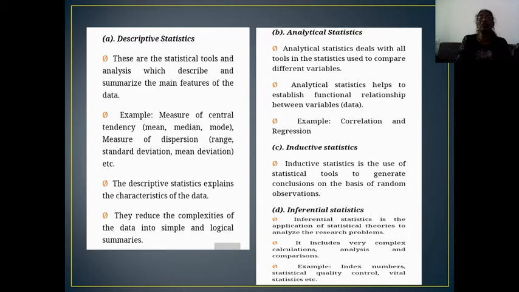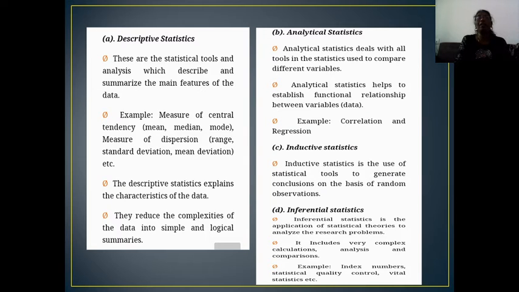And the last, fourth type of statistics is inferential statistics. Inferential statistics is the application of statistical theories to analyze the research problem. It includes very complex calculation, analysis, and comparison.